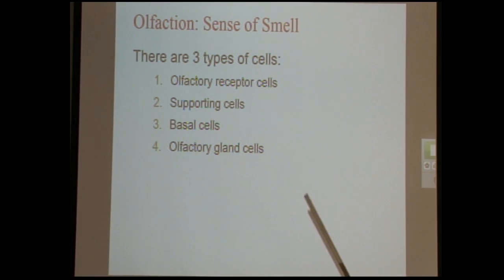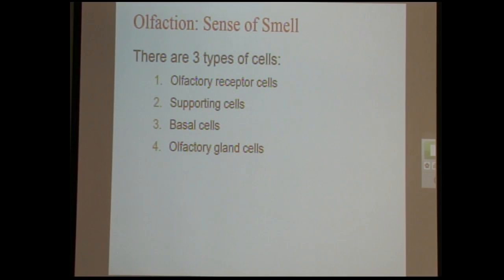That's funny. 3 types of cells, and then I list 4. Okay. So the receptor, the supporting, basal. These gland cells make some mucus, but not a whole lot of it. It's not like it makes all the mucus that you have coming out of your nose. It's just a little mucus to dissolve things.